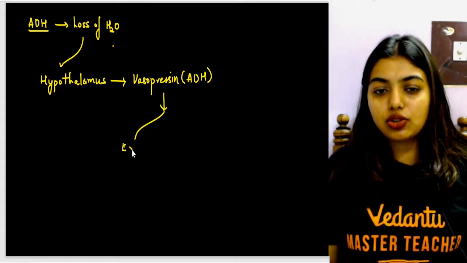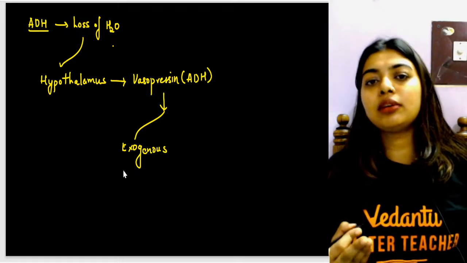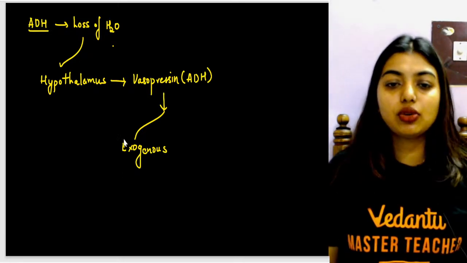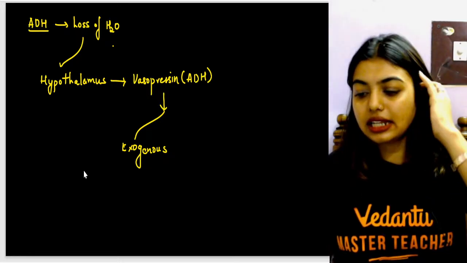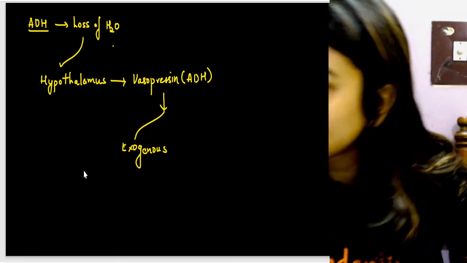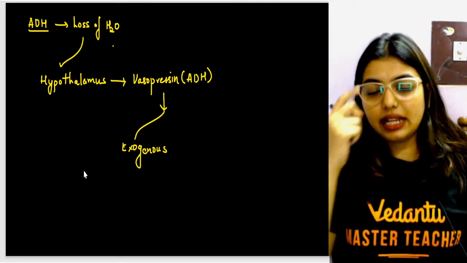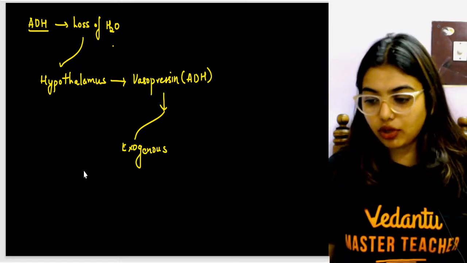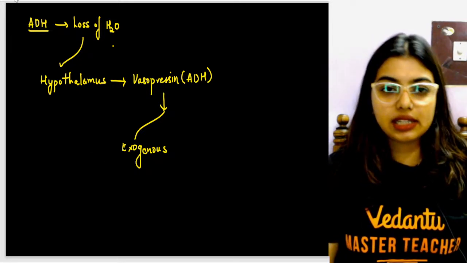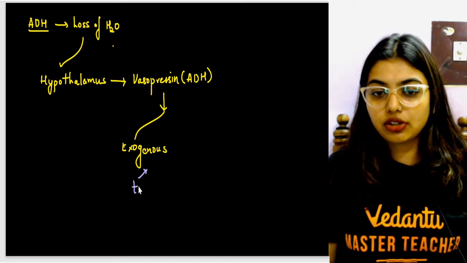This ADH hormone is going to do two things. First, exogenously it informs you, telling you to drink some water, because you haven't drunk water from the morning. It activates your thirst mechanism. Then after that, if you drink water, some water intake has happened.